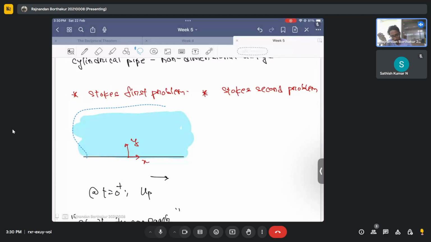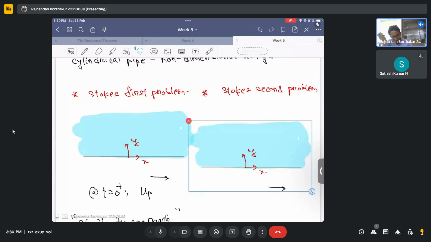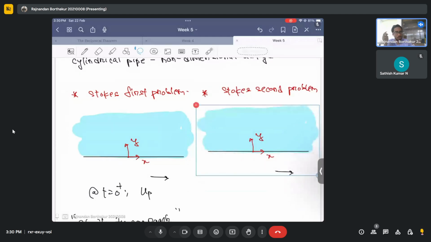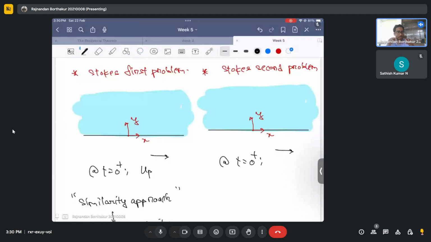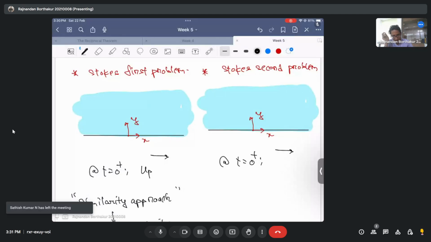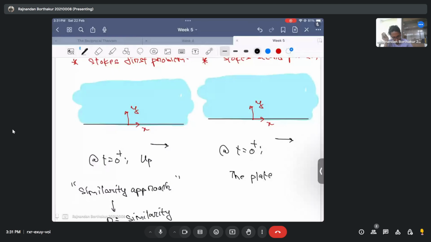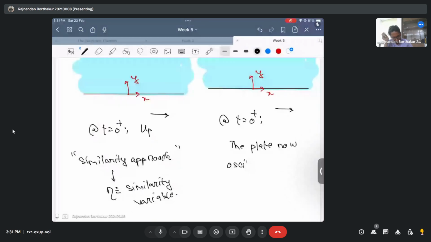The only difference, I hope you realize, is that now at time t equal to 0 plus, instead of giving a constant velocity to the plate, you oscillate the plate with some known frequency omega. That is, this plate now oscillates with some frequency omega.